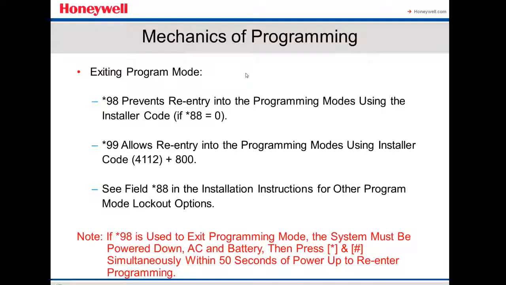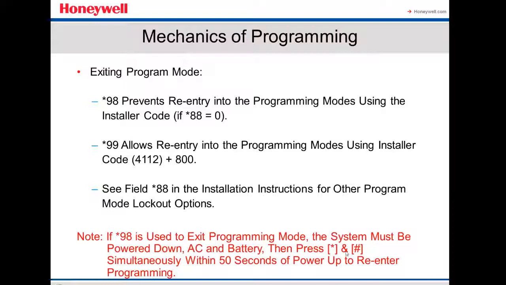The only way to unlock this is to turn off your panel and turn it on again, and in the first 50 seconds, you press the star and pound buttons, and then you bypass everything and go straight to the programming mode. That's the only way you can get into programming mode.